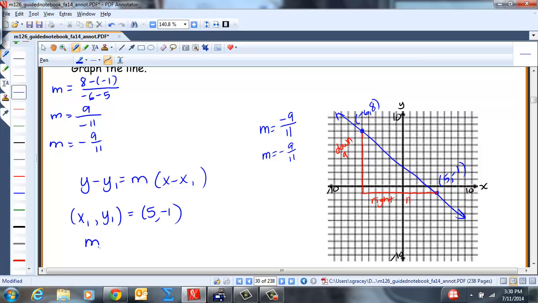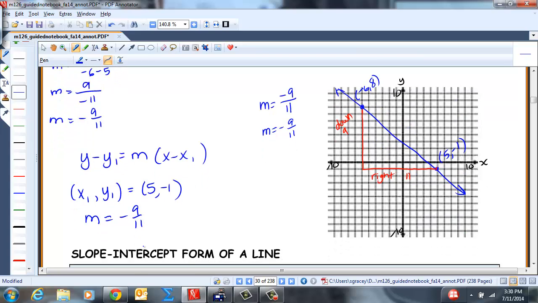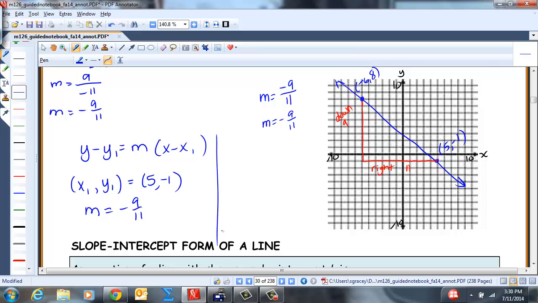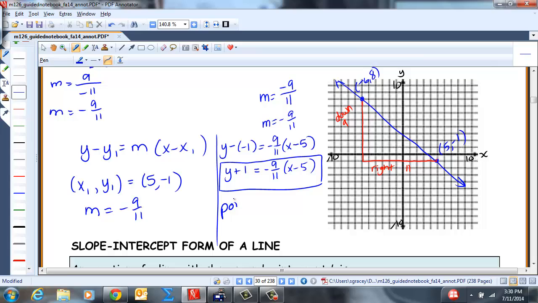And our slope we said was -9/11. So finishing, we'll have y minus -1 is the slope, -9/11 times x minus 5. So making it a little more pretty, y plus 1 is -9/11 times x minus 5. And that is the point slope form.